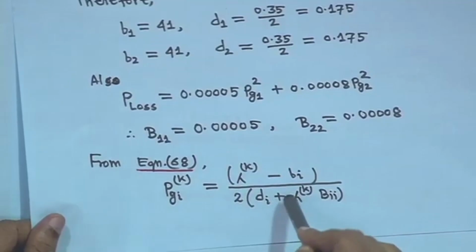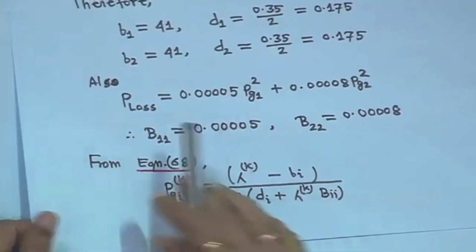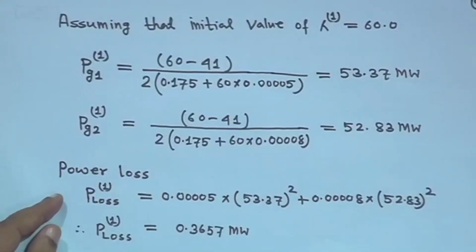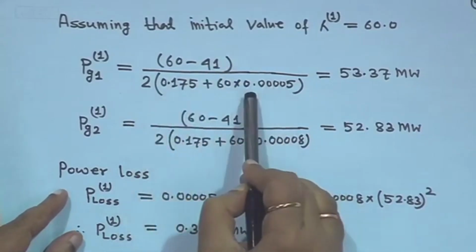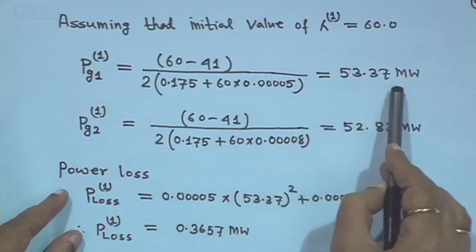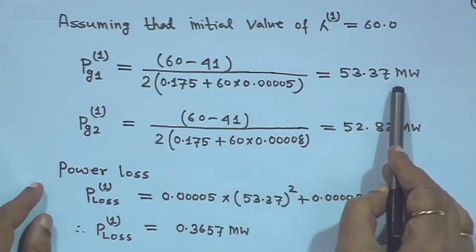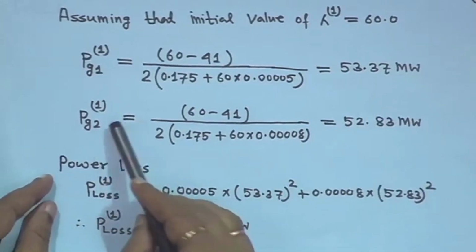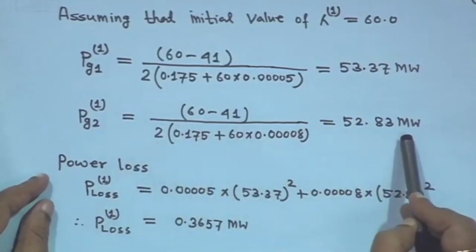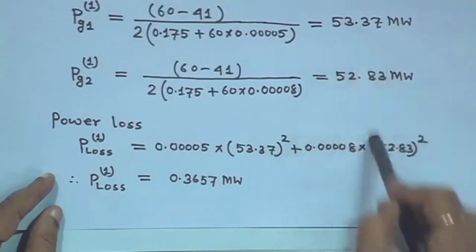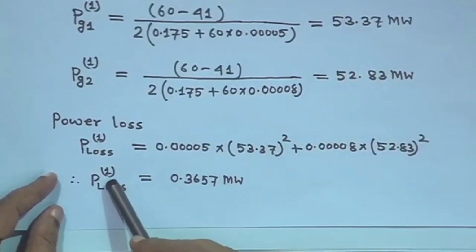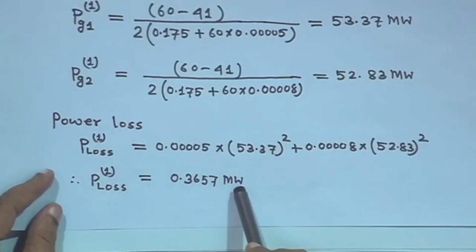With this initial value you substitute in the expression of equation 68, then you will get Pg1 is equal to 60 minus 41 divided by 2 into all those terms, that is 53.37 megawatt. Similarly, Pg2 you will get 52.83 megawatt. Then the power loss expression is given, you substitute Pg1, Pg2, and you get P loss at the first iteration as 0.3657 megawatt.